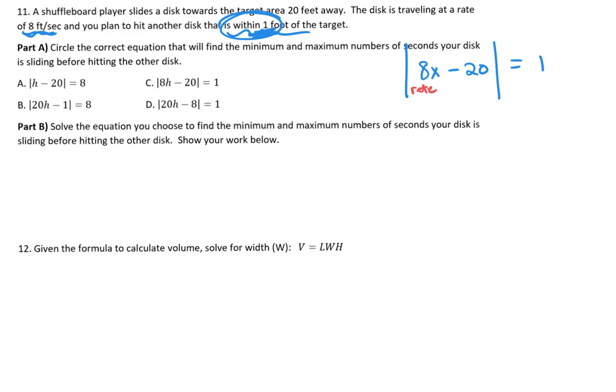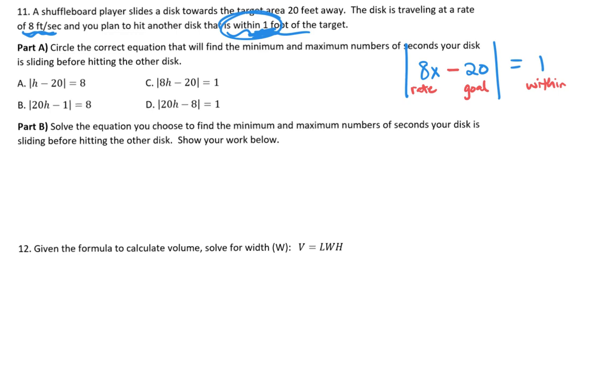The 20 is always going to be a minus, and it's always going to be whatever our goal is, or whatever the thing that we're trying to get to is. So I'm just going to put goal, and the number on the outside is always what you're trying to be within. Like if it said give or take 3 feet or whatever, that would go there. All right. So that's how we work this thing.